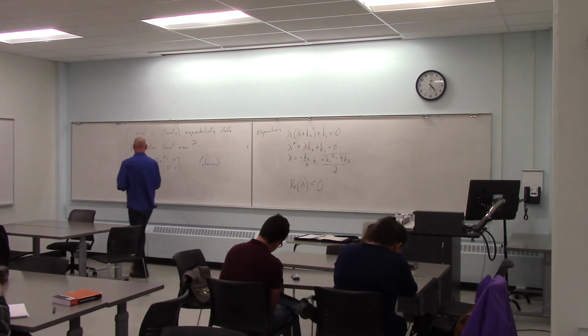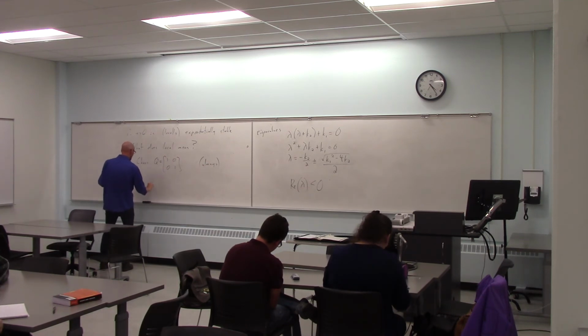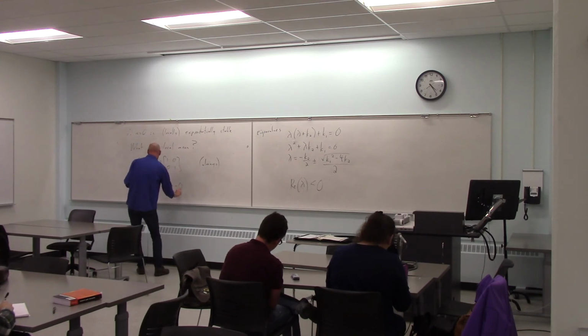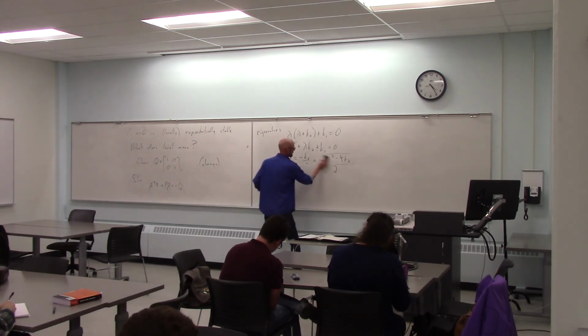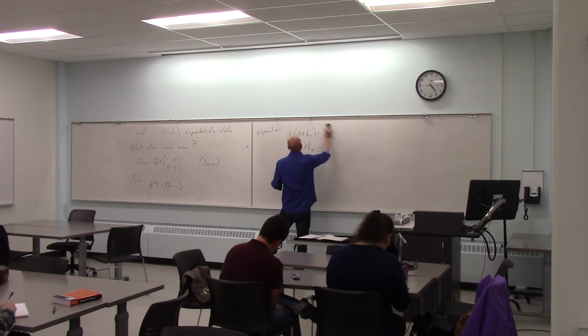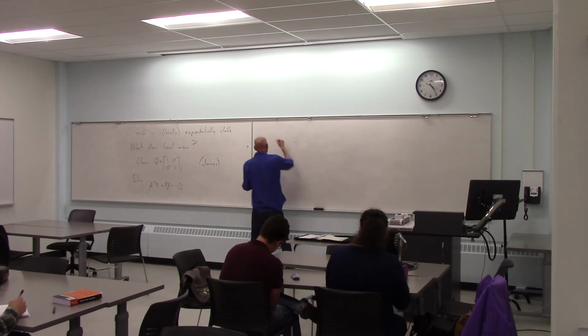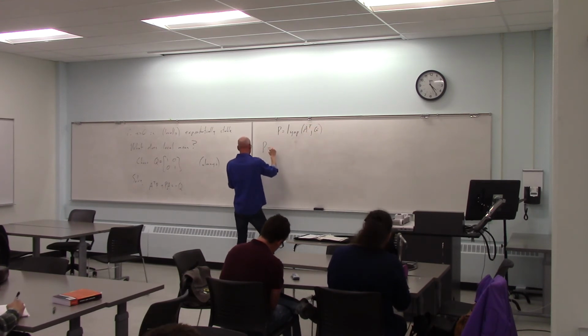So once I pick the Q, I solve A transpose P plus PA equals negative Q. So I have P equals, well I have A transpose and Q in MATLAB.